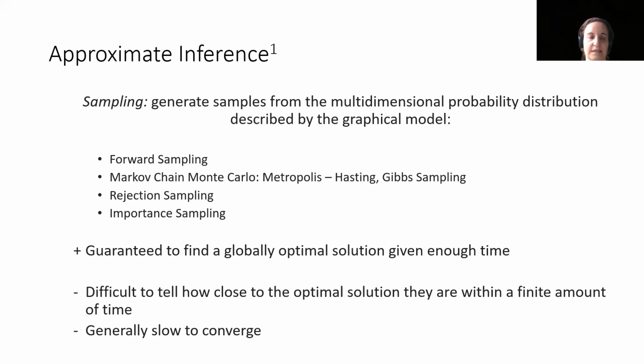So you can write this factorization of the probability distribution. And say that you have a way of sampling from these factors. For example, I know how to sample from the conditional probability distribution of x1 given x2 and x3. For example, this is a Gaussian. We have an analytical solution to sampling.